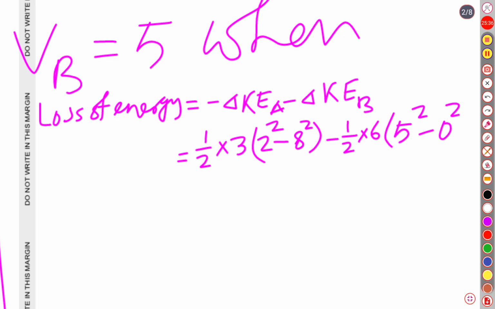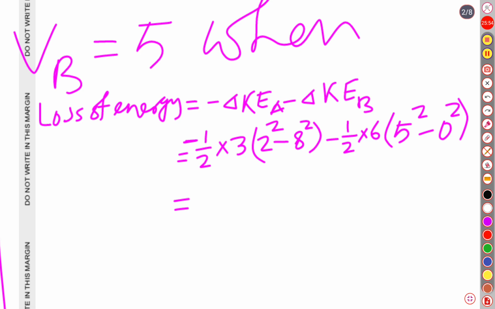Velocity of particle B before collision was 0, it was at rest.